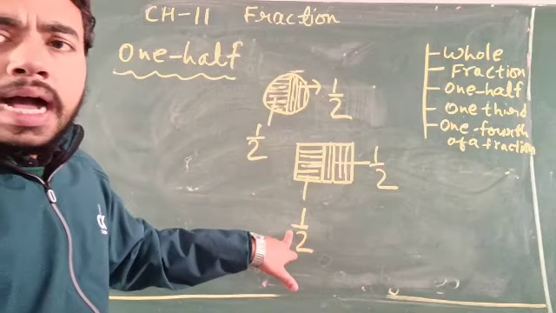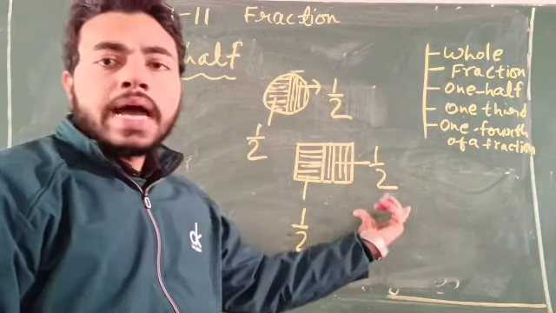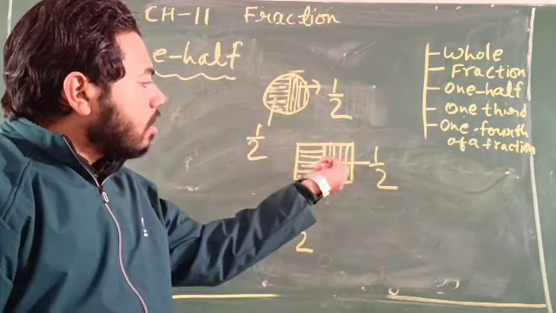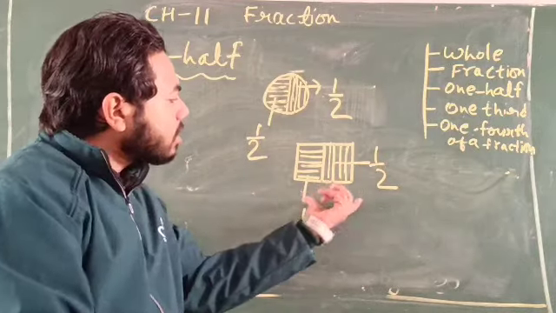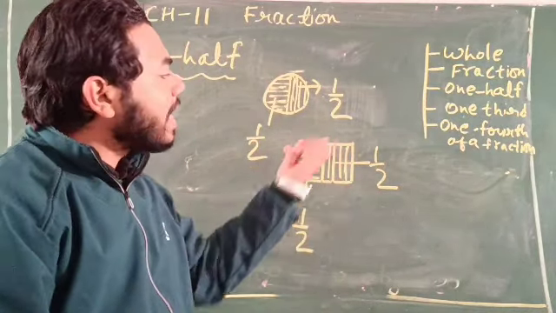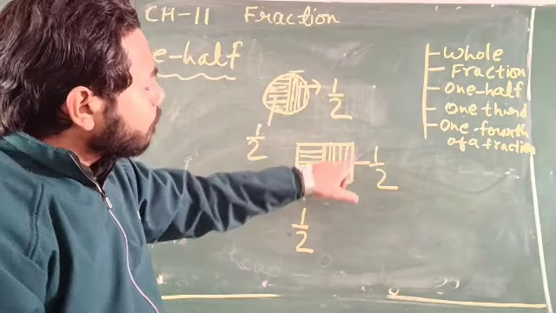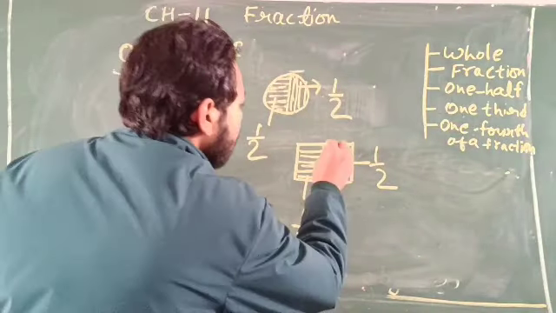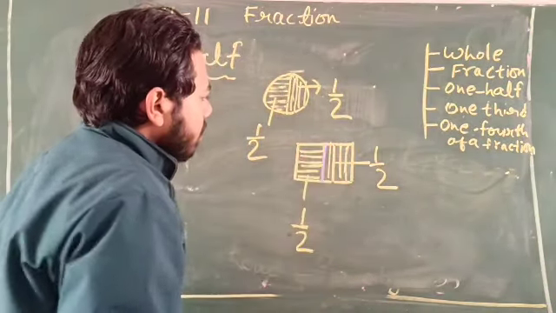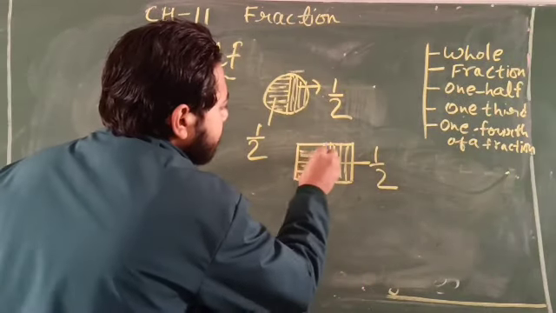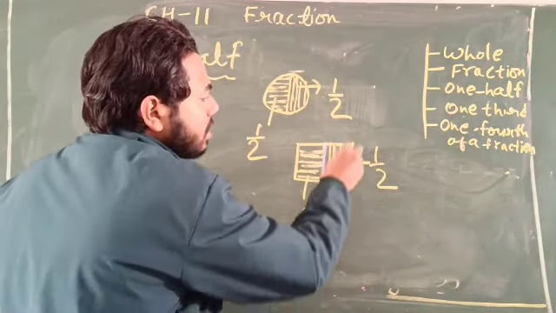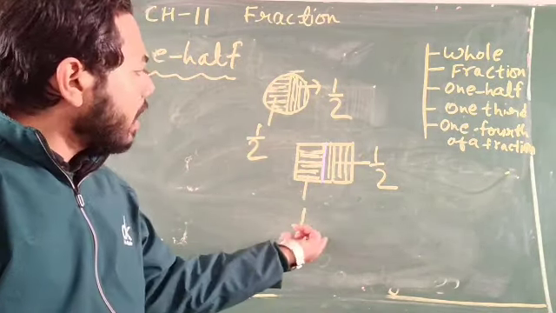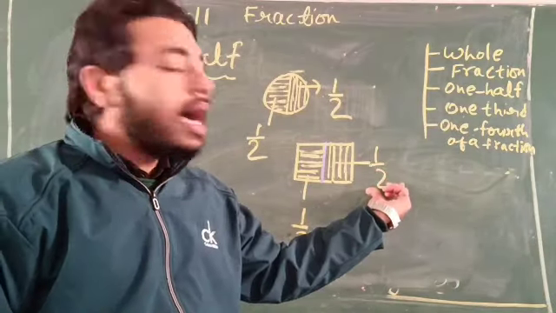If we add these two parts again, we get the same square. That square is a whole. But when we have divided it, this part is representing 1/2, and this part is representing 1/2.